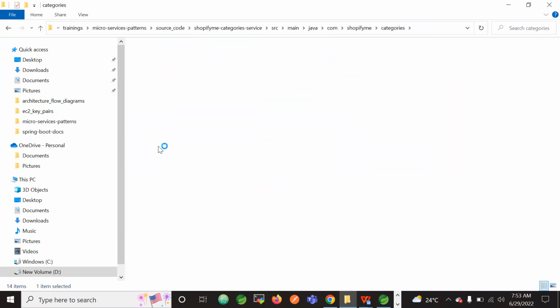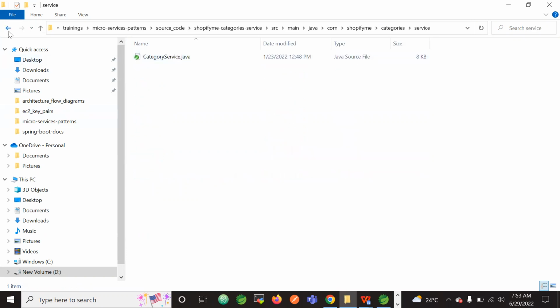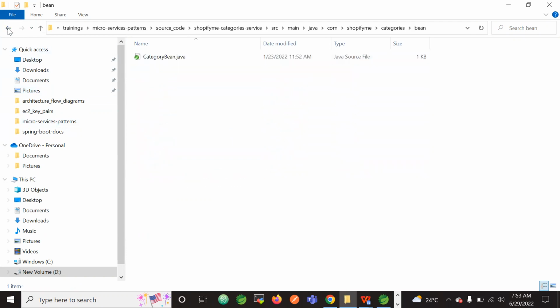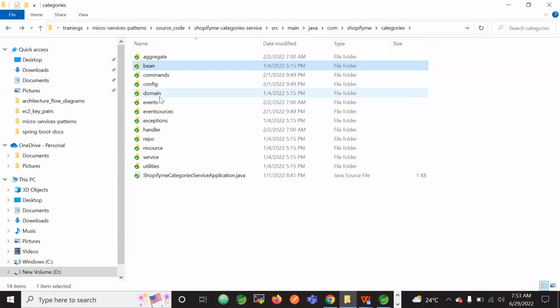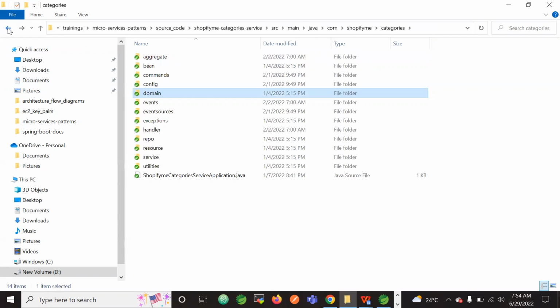If you look at the resource, there is only the category REST controller. In the services, there is only the category service. In the bean, there is only the category bean. In the domain or model, there is only the category domain, right? All the others are the enterprise application concerns that we applied.